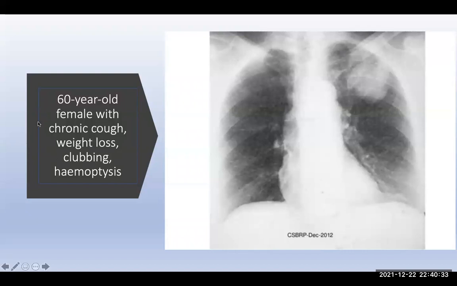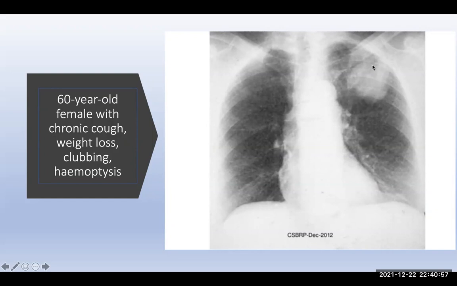Now, a 60-year-old female with chronic cough, weight loss, clubbing, and hemoptysis. We have ordered an X-ray, and you can find that there is a lesion in the left lung.